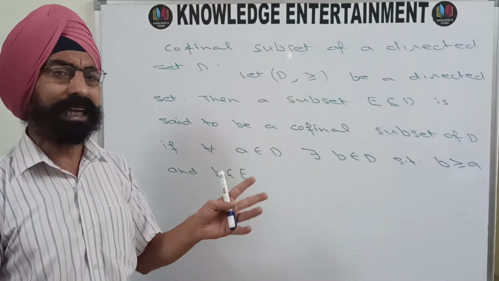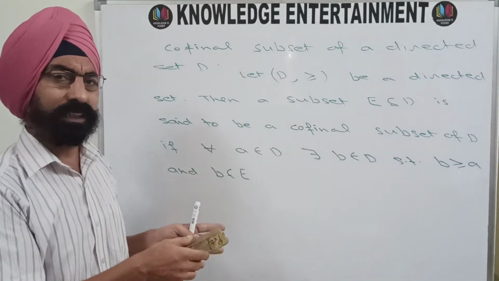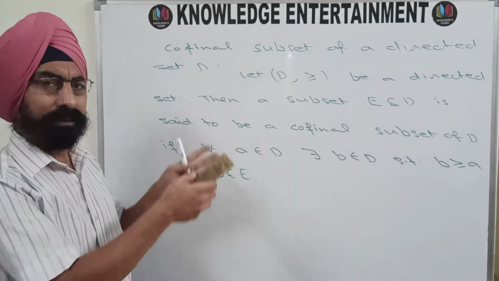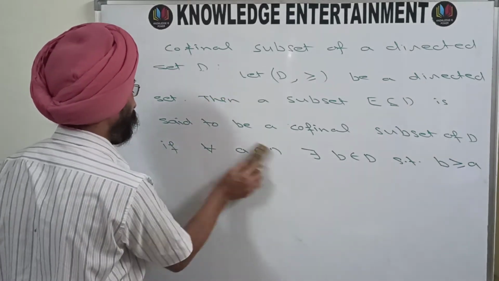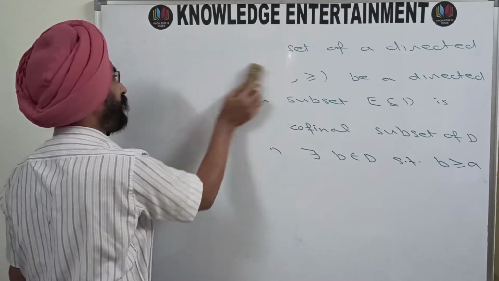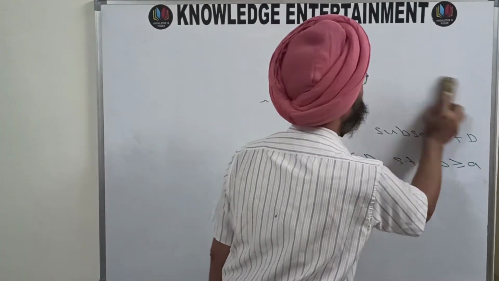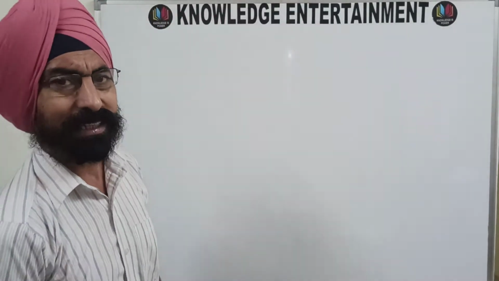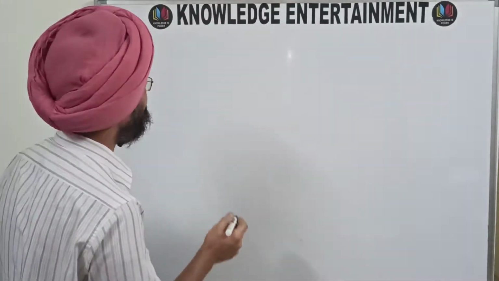If these two things are not clear by definition, then they will become more and more clear by the examples that follow these two definitions. So I am giving examples to clarify the concept of residual subset and cofinal subset of a directed set.